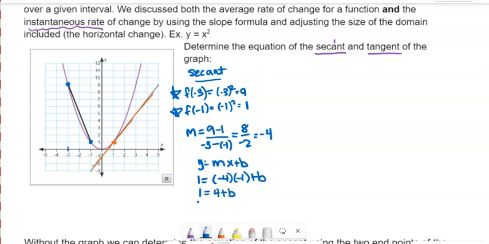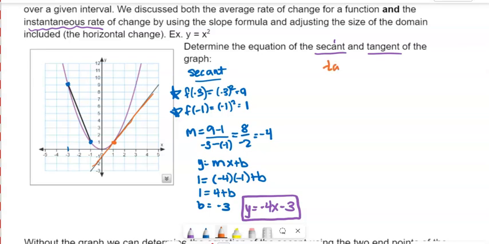That must mean that my b is equal to -3. And so now I can write the equation of the secant to be y equals -4x - 3, where -4 is my slope and -3 is my y-intercept.